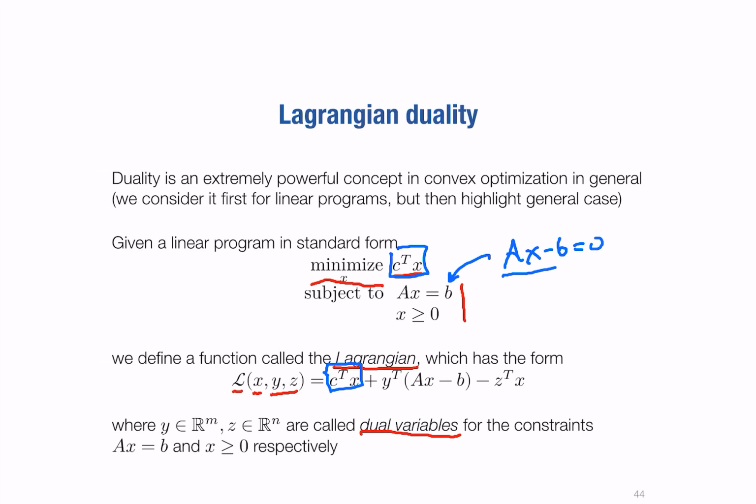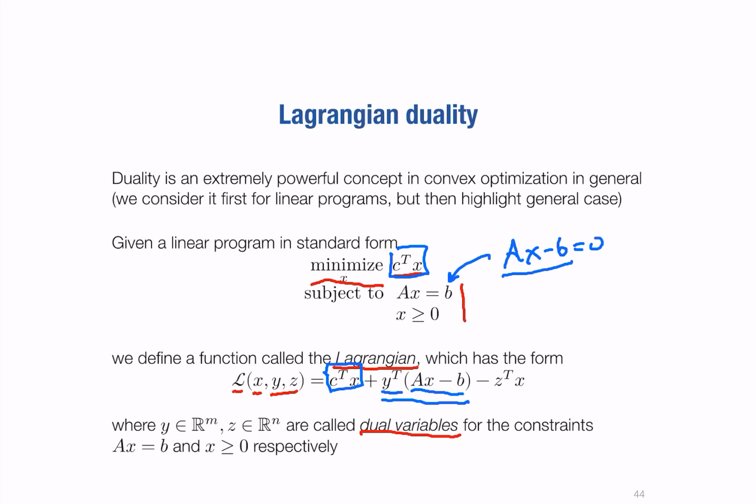We're going to take this Ax minus b portion, and the term in the Lagrangian will be the inner product of our dual variables y and this equality constraint representation here. This whole term is just a scalar, but it's the inner product of our dual variables y and our equality constraint Ax minus b.